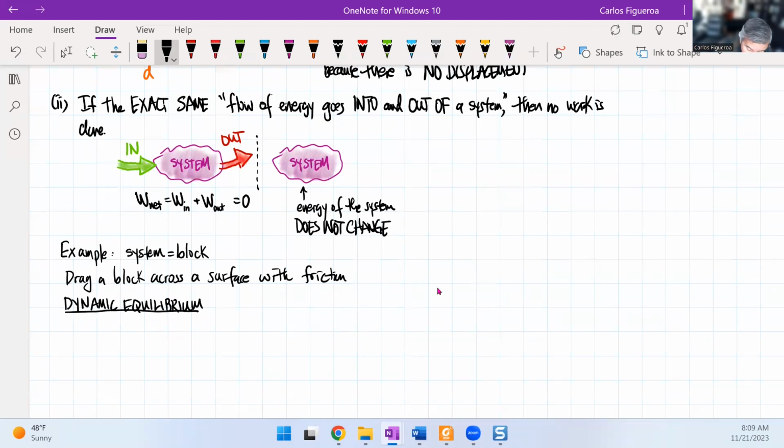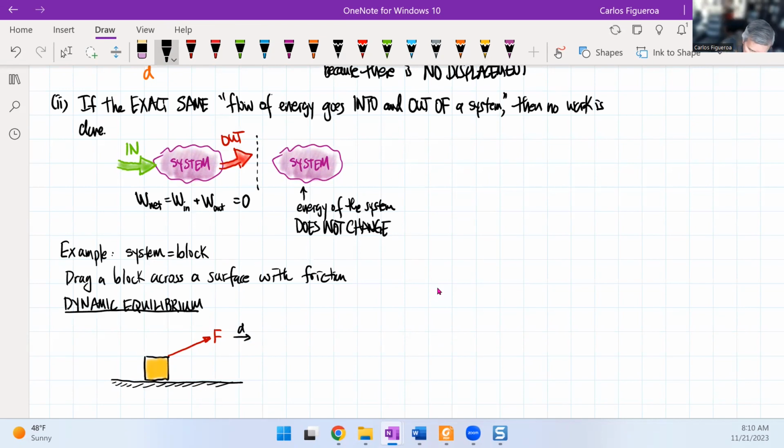So if we're dealing with dynamic equilibrium, I have a block. So what's my block going to look like here? I imagine that I have my block, and my block is this yellow block. And what I'm going to do is apply a force on this block, and I'm going to pull it in this direction. In other words, my displacement is in this direction. And this is my surface here.